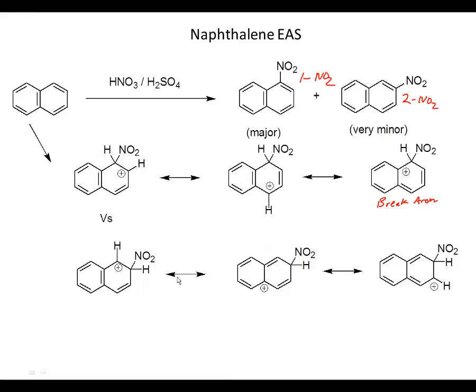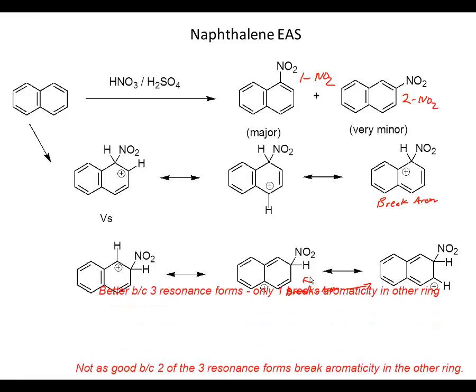Alright, when we add to the 2 position, we initially get this. And then we get another one that also has the aromaticity broken. This isn't a 6-pi electron ring anymore, and both of these resonance structures have torn up the benzene ring in the other ring.